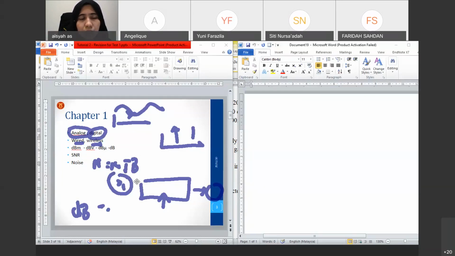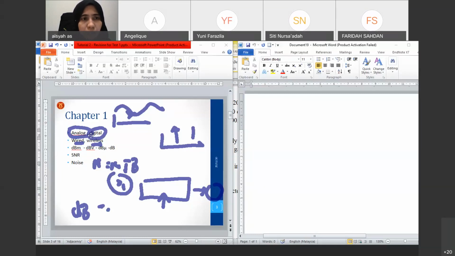B is the bandwidth in hertz, so usually it's given in megahertz or kilohertz. So you need to consider that: kilo is times 10 to the power of 3 and mega is times 10 to the power of 6. So that is the noise.